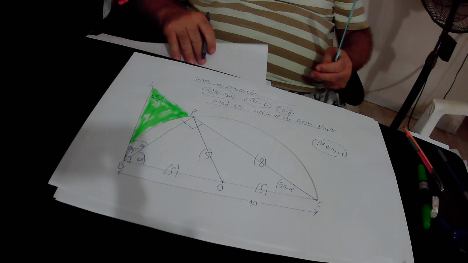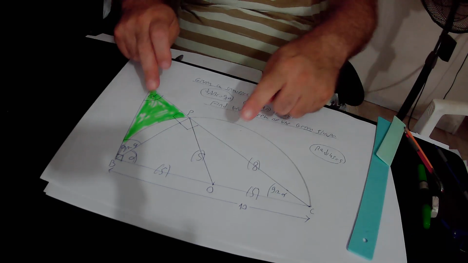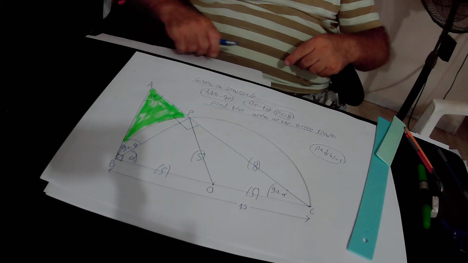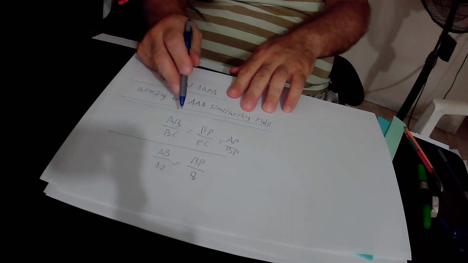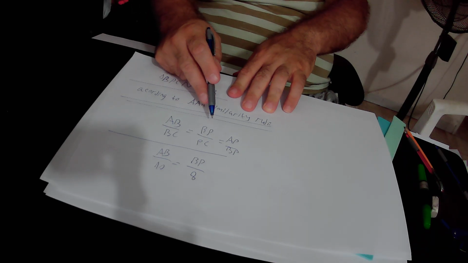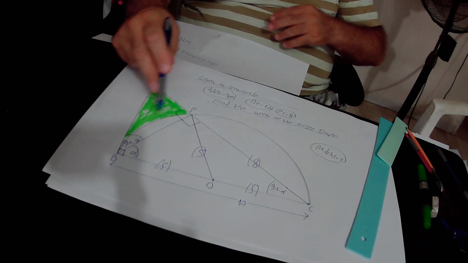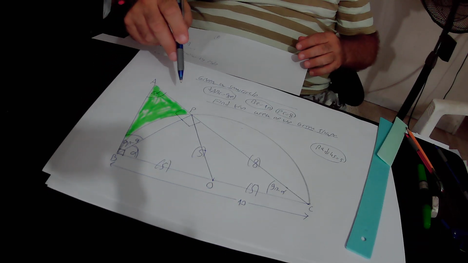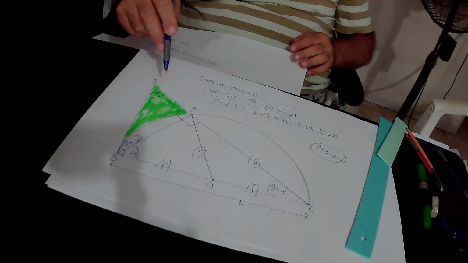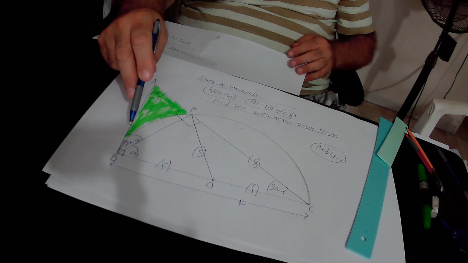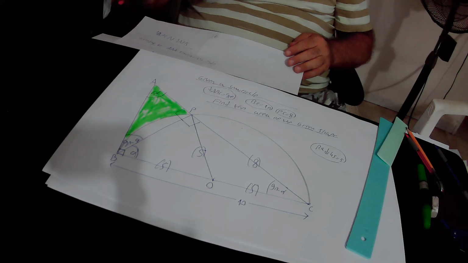So we found out that from the fact that those two right triangles are similar to each other, the following relationship exists between their sides: AB over BC equals BP over PC, and it equals AP over BP. BP is a common side that belongs to both triangles. It is very easy to see that BP belongs to the right triangle APB, and BP also belongs to the big right triangle BPC.